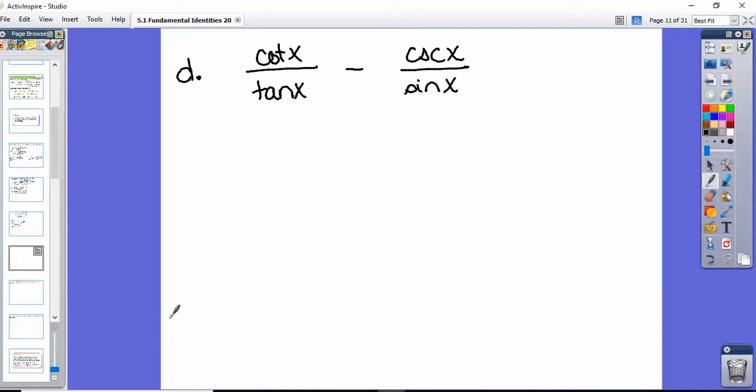Okay. So if I look at this one, no identities immediately jump out, so I'm probably just going to go to sines and cosines. So you have to change quite a few things here. My cotangent, that is cosine over sine.